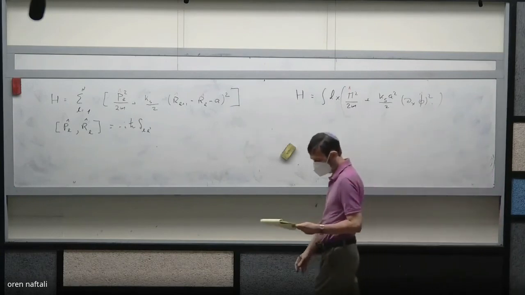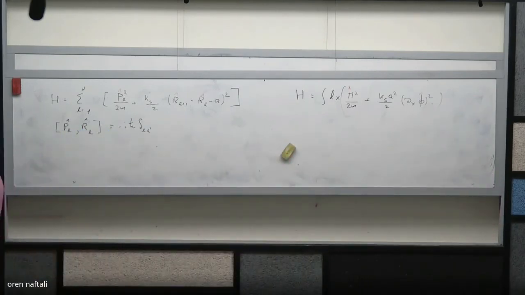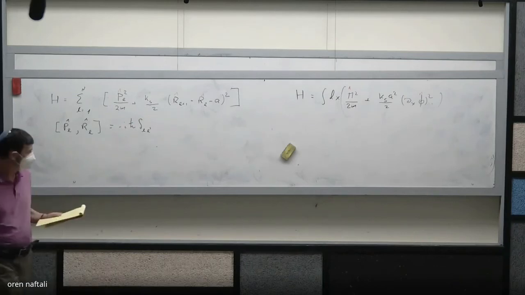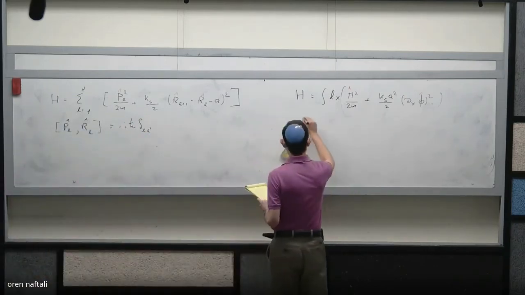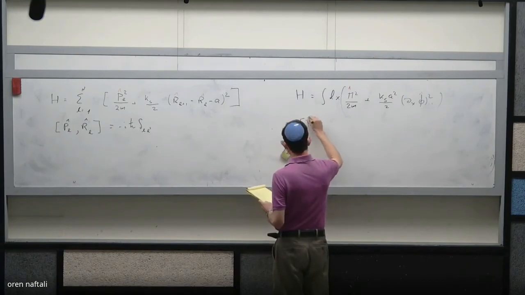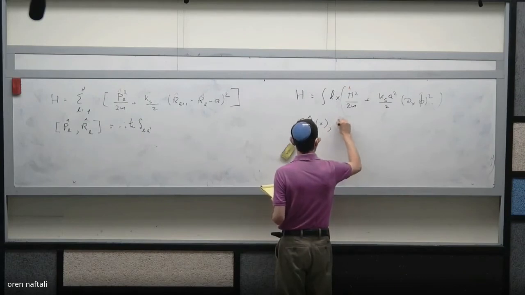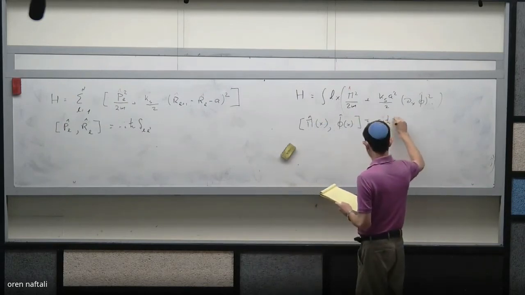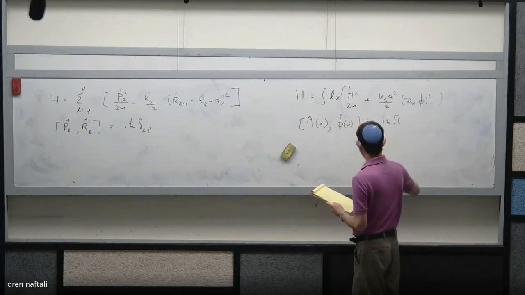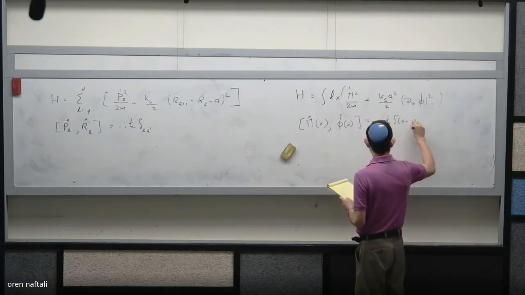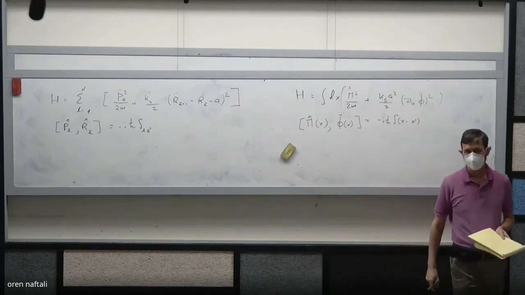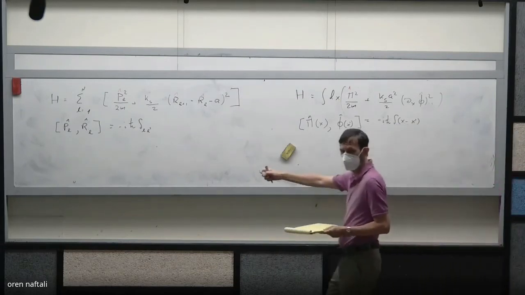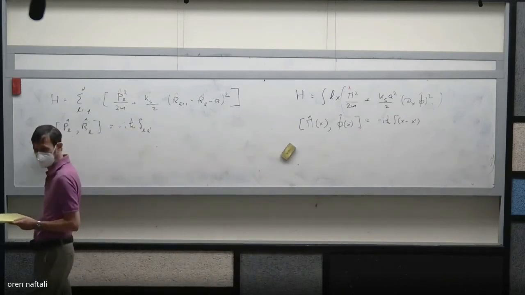What does it mean, turn them into operators? Basically, the continuum limit of what's written here.